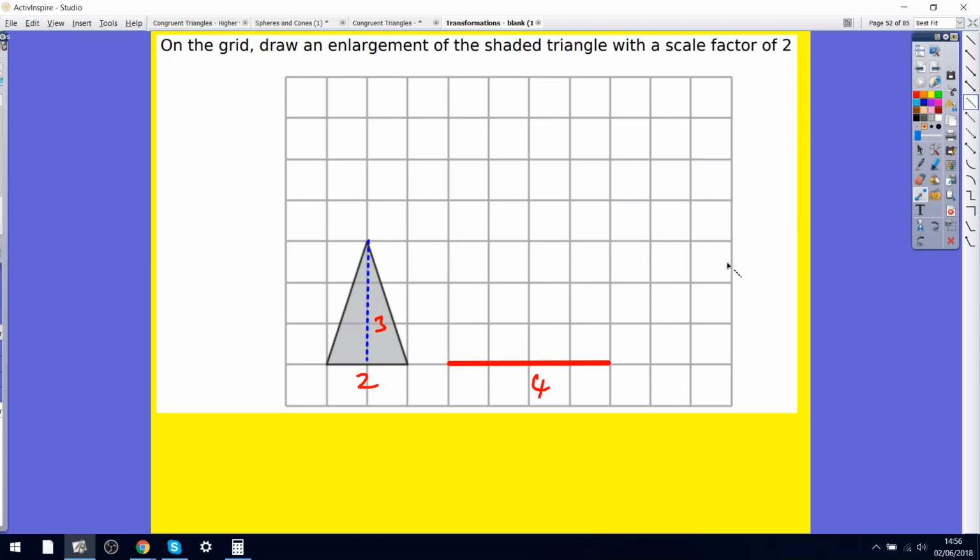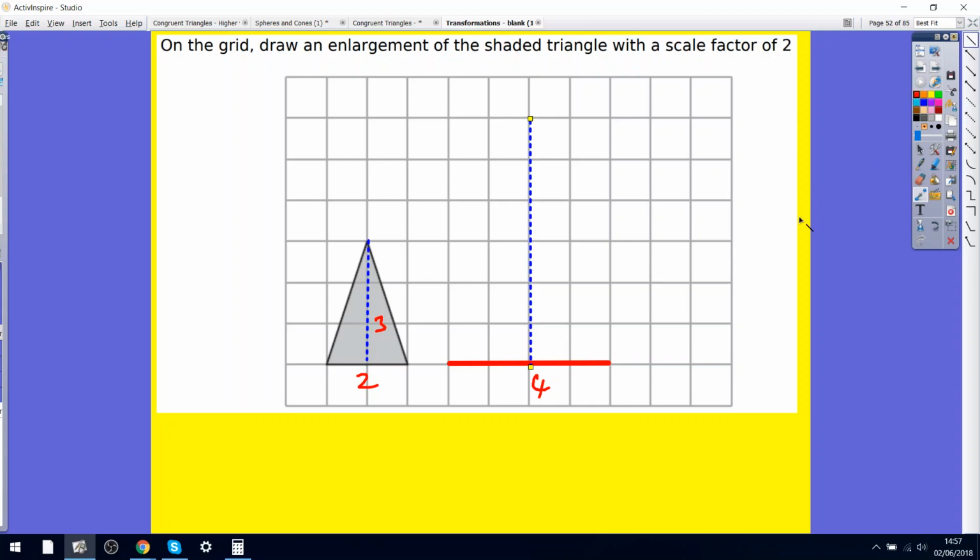And so where would I put that? That's it. So you just do that as a little scaffold.